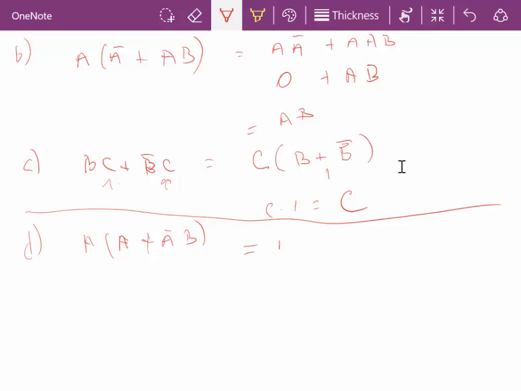That's equal to AA, and that's an automobile association or Alcoholics Anonymous, just AA, plus A naught B. Now when you look at this term A naught B, that goes to 0, right? So that goes to 0, and AA becomes just A, so it's just equal to A.